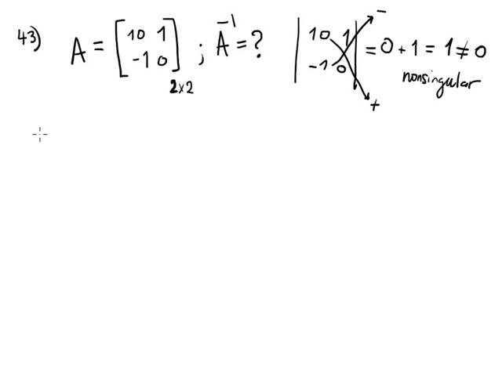Now, in this case 2 by 2, so I propose using the cofactor formula. For example, the first cofactor is, okay, let me copy our matrix 4 times.